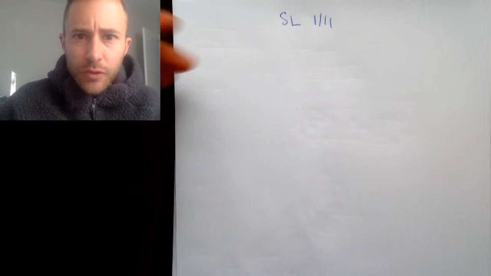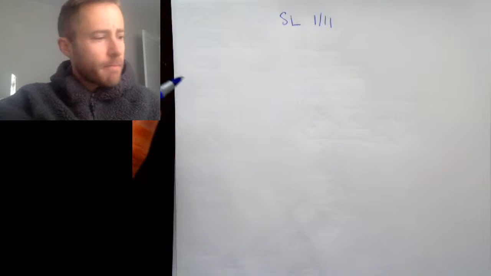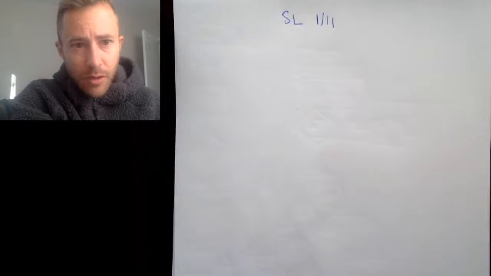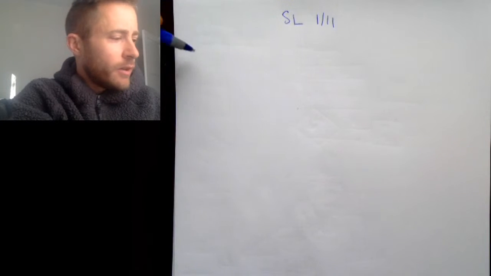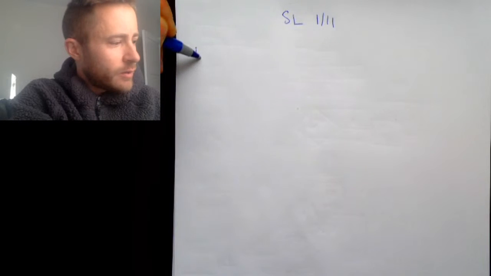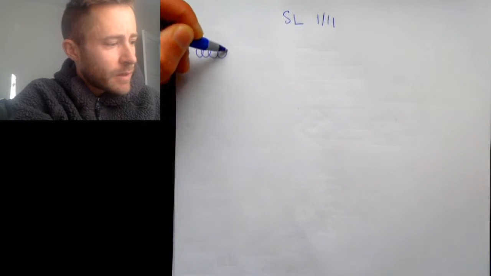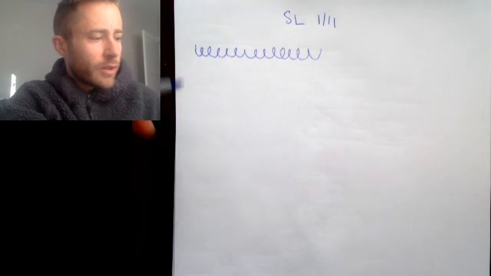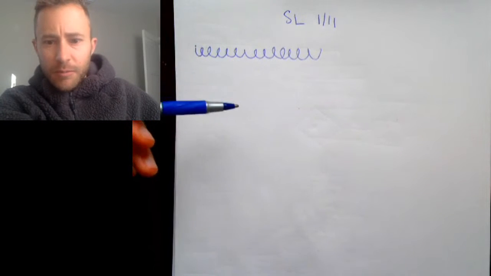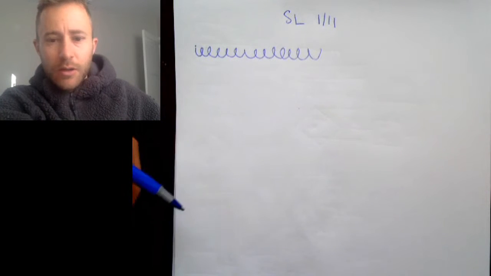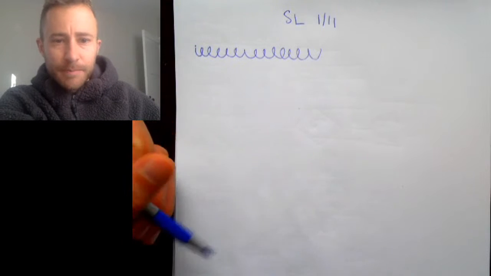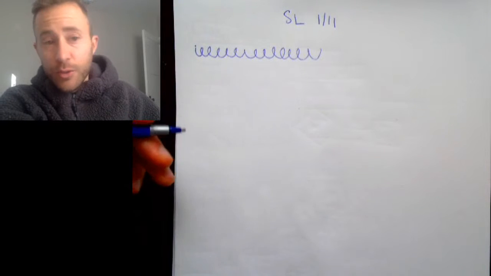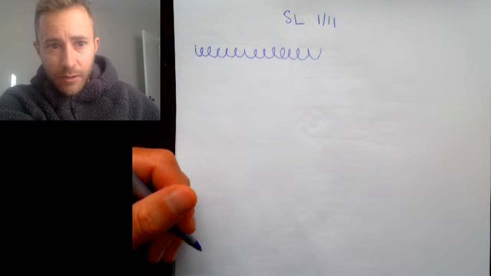Okay, so what we're going to talk about today, there are two types of waves that occur in nature. What I want you to think about is a slinky. Imagine that I'm trying to make a wave go along the slinky. There's actually two types of waves that I can create.